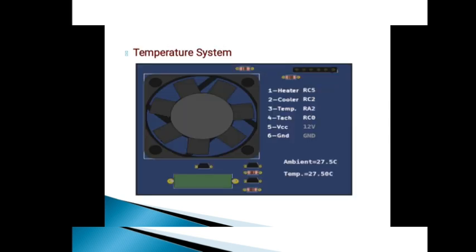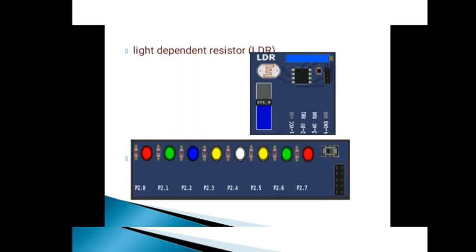Another component we use in our project is the temperature sensor. It notices how much the temperature is and the temperature variations, hot or cool. And LDR stands for light dependent resistor, and it is used to detect light levels.